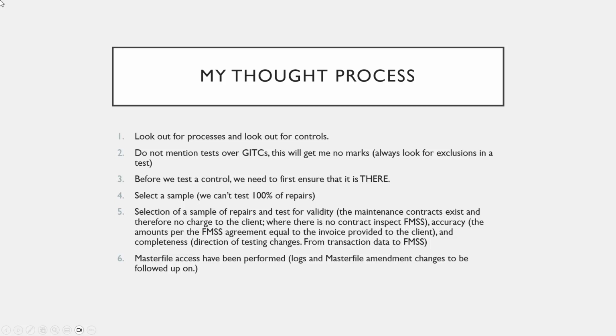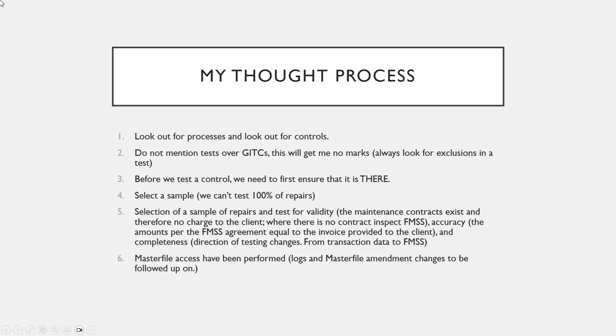So where there is no contract, we need to inspect FMSS for validity in order to ensure that both of them have signed electronically and agreed upon the charge amount. And where there is a contract, we need to actually inspect that agreement contract.